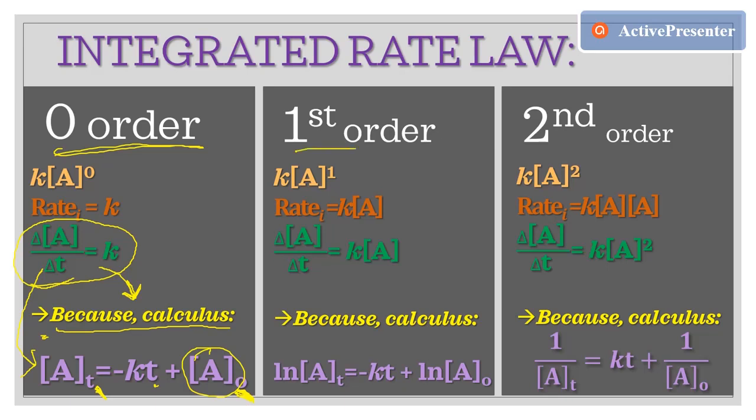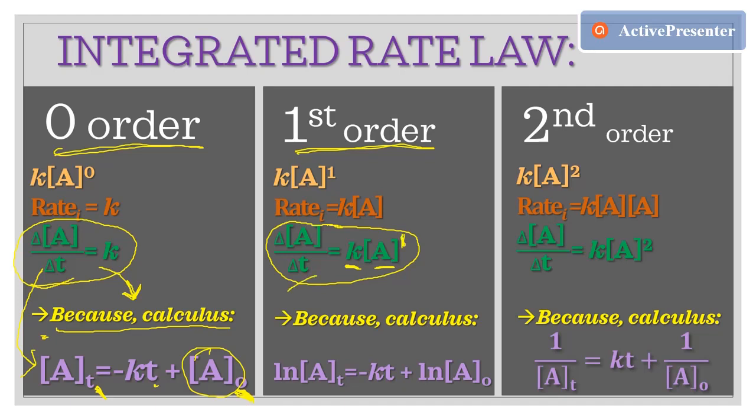Now the first order, from our previous slide, we learned that with this integrated rate law, the change in the concentration of A over the change in time equals the K constant times the concentration of A, because we don't need that 1 there because the 1's implied.